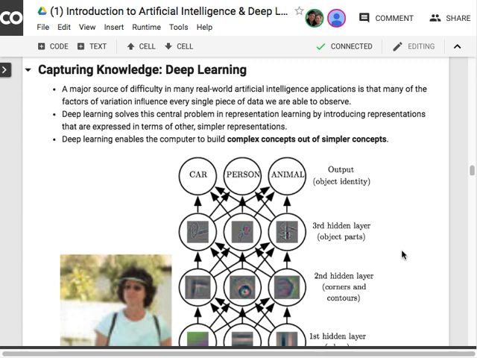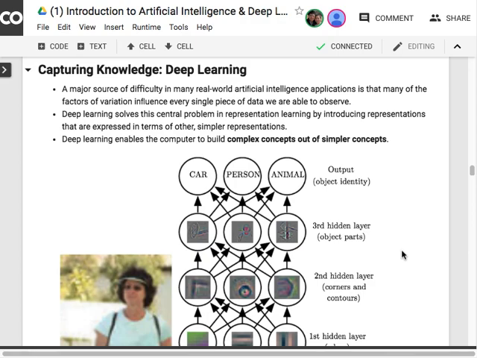Deep learning can achieve this because it solves the feature extraction problem by introducing representations that are expressed in terms of other, simpler representations.